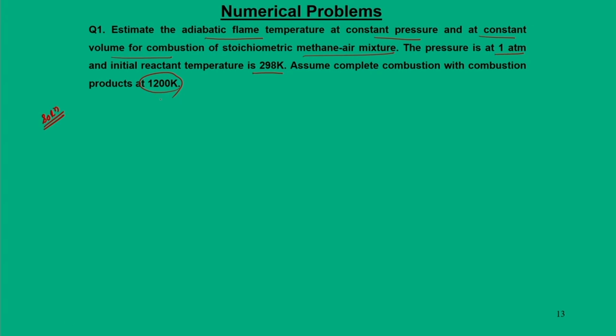Before you do that, the first thing you need to write is the methane air combustion: CH4 plus 2 O2 plus 3.76 N2, where this is air, gives you CO2 plus 2 H2O plus 7.52 N2.